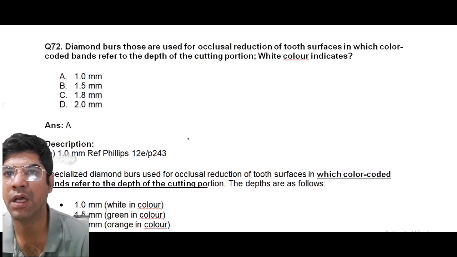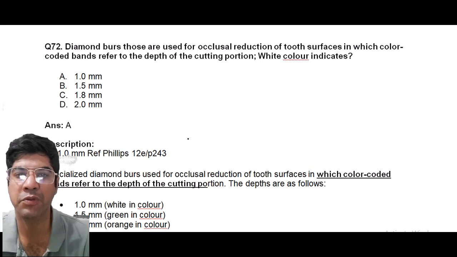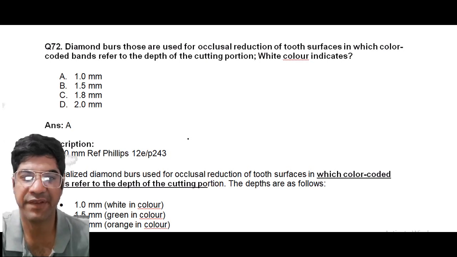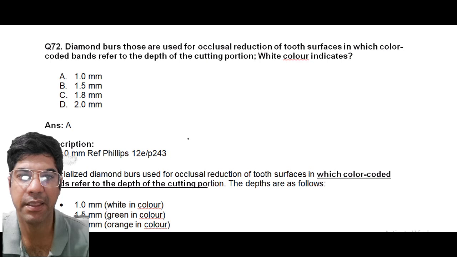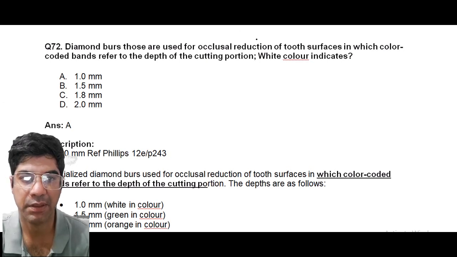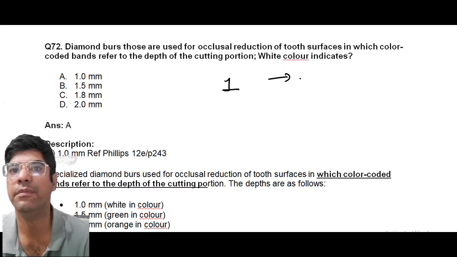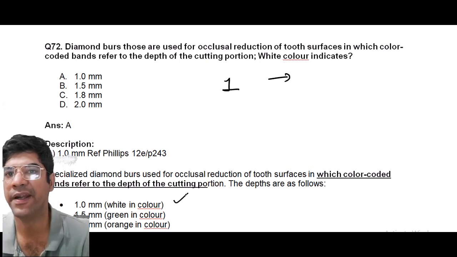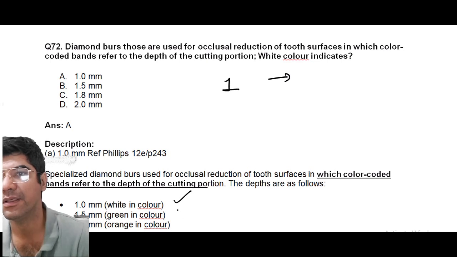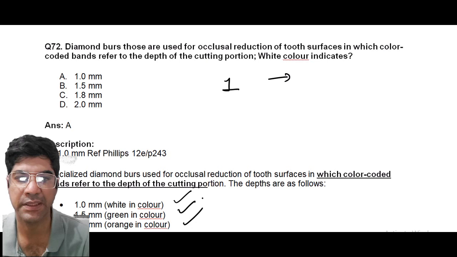Diamond burs are used for occlusal reduction of the tooth surface. Which color-coded band refers to the depth of the cutting portion? Remember, 1 mm is white in color, 1.5 mm is green in color, 1.8 mm is orange in color.